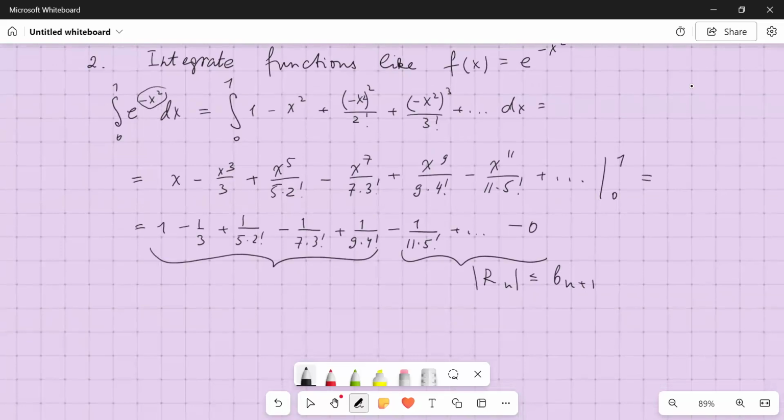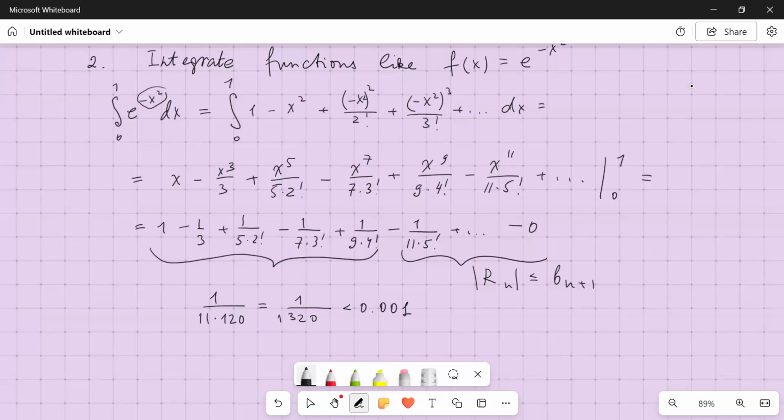I'm going to calculate what this term is. It's easy to calculate because I know that 5 factorial is actually 120. So it's going to be 1 over 11 times 120, which is 1 over 1320. Well, obviously it's more than 1000, so it's going to be less than 0.001. I don't have a calculator right now at hand, so it's just my estimation.